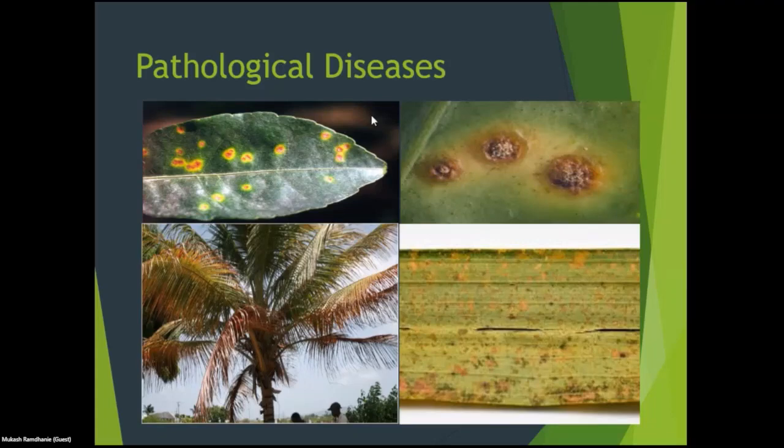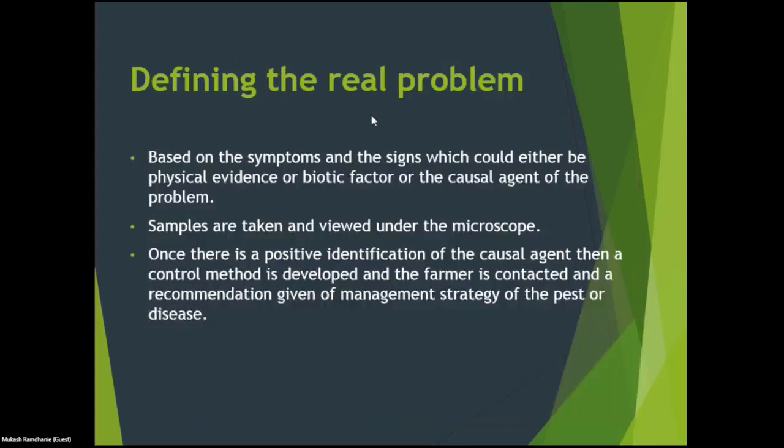Now, the other slide goes into a little bit of the same thing with the causal agent of the problem, where samples will be taken and viewed under a microscope.